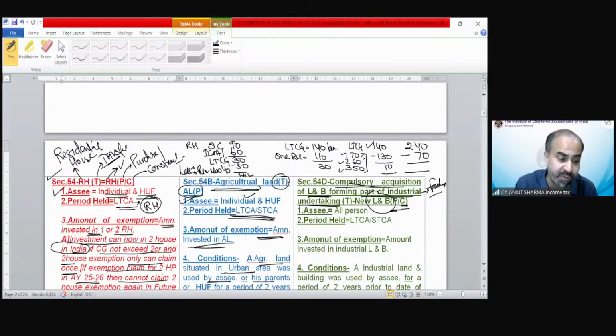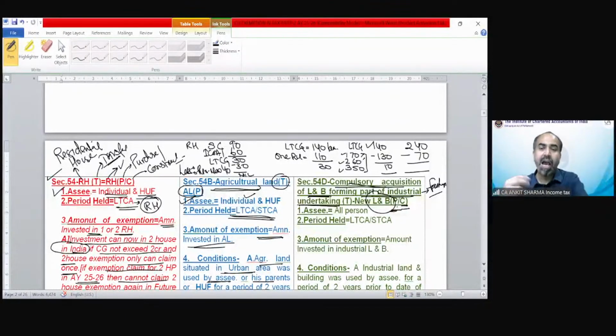So 54D is very specific that it would be applicable only in case a factory is compulsorily acquired. And from the amount you have received as a compensation, if you invest that for purchase of a new factory, land and building, only in that situation you can get the benefit of section 54D.